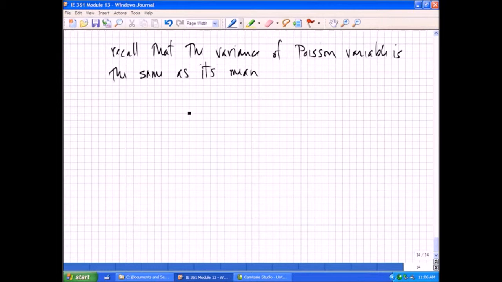That is, the standard deviation for x is the square root of the mean for x. In this case, the standard deviation for x is the square root of k times lambda.